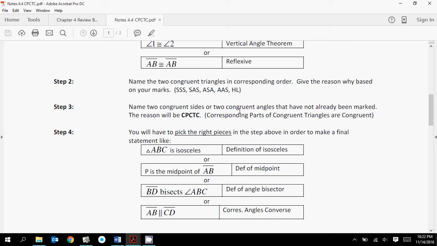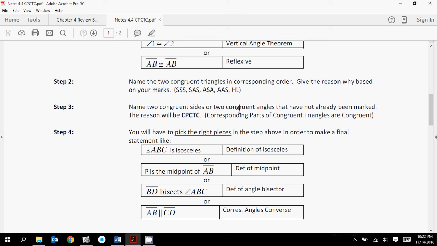You're going to have two pieces, so either sides or angles, that you didn't mark earlier. If I'm trying to show that two sides or two angles that we didn't mark earlier are congruent, it's CPCTC, corresponding parts. Talked about that in the first video.